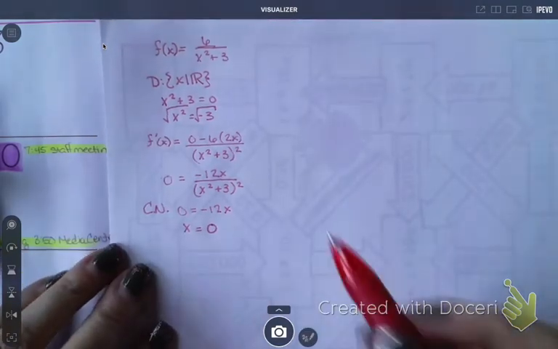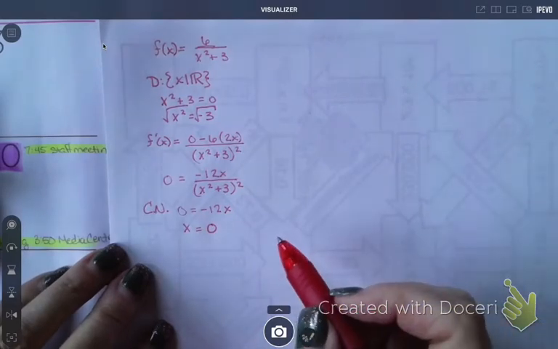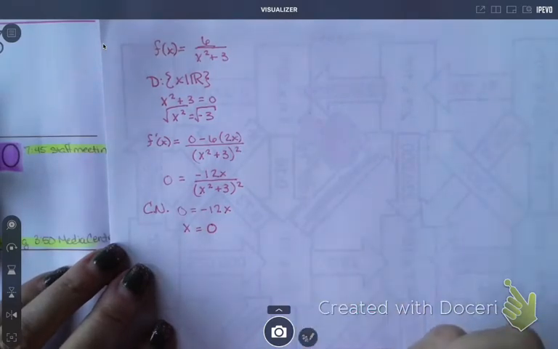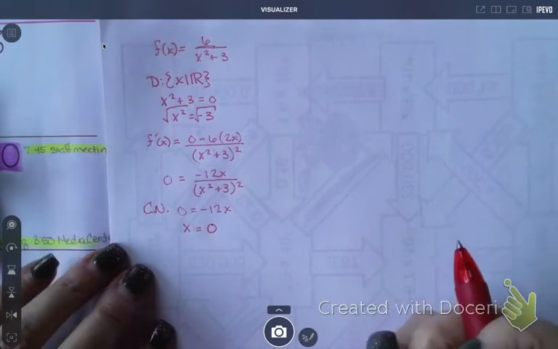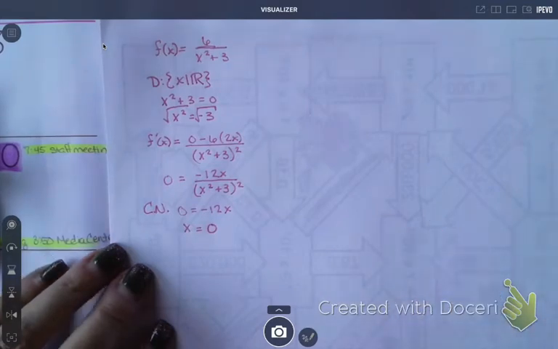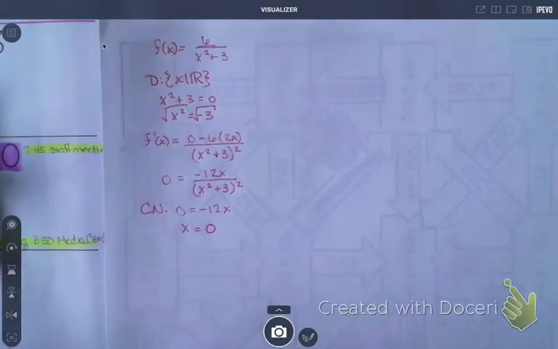Okay, so the first derivative test, remember, 0 equals negative 12x. Wouldn't you divide by negative 12? And 0 divided by negative 12 is 0. Oh, yeah. Okay. So the first derivative test that we'll use for that can tell me increasing, decreasing.